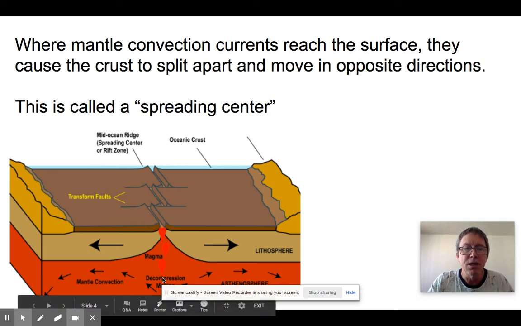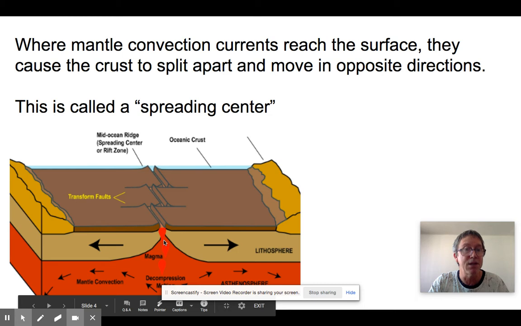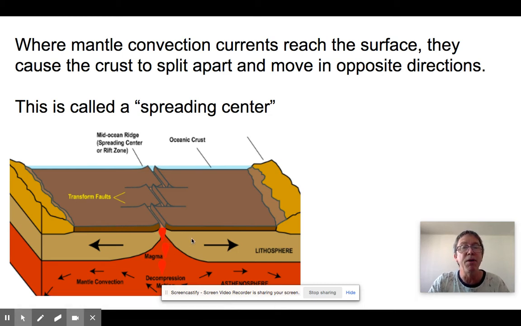And what will happen is material will come up here as liquid lava, and it will freeze into place as rock, known as basalt, which is what the seafloor is made out of. So the seafloor, as I said earlier, is made out of similar material to the mantle. This is slightly different in composition, but basically the driving force behind plate tectonics is this moving apart of the surface of the Earth as mantle material comes up and takes its place.